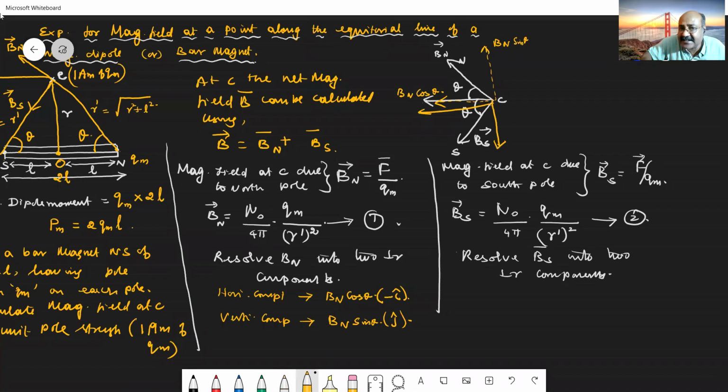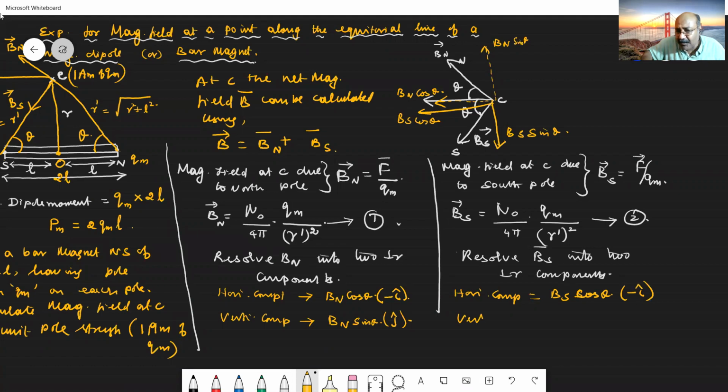Horizontal is adjacent side, so you get BS cos theta. Then the vertical component is opposite, so we can write BS sin theta. Now again, when BS is resolved, the horizontal component is equal to BS cos theta, acting along the x-axis in the negative direction, so minus i cap.